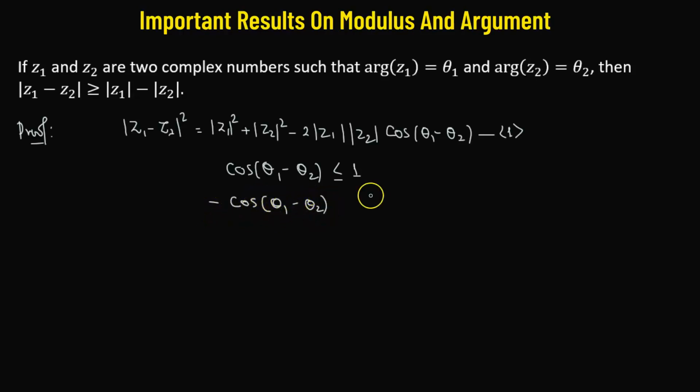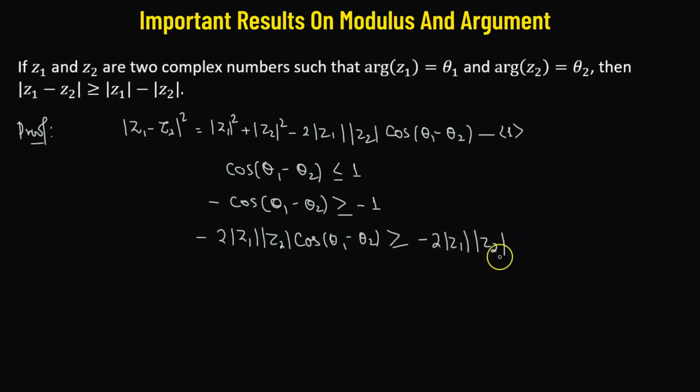Now since we are multiplying with a negative number on both sides, we'll have to flip the sign of the inequality, so this will become greater than or equal to -1. Now what we'll do, we'll multiply on both sides with +2 times absolute value of z1 times absolute value of z2, and similarly on the right hand side we have -2 times absolute value of z1 times absolute value of z2.